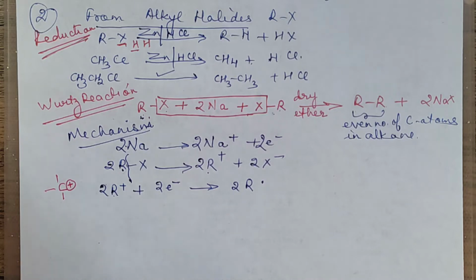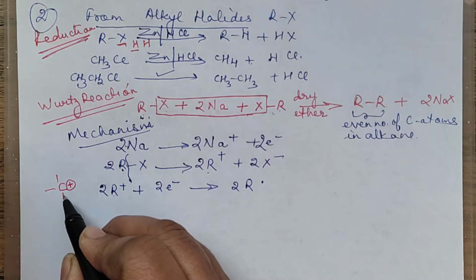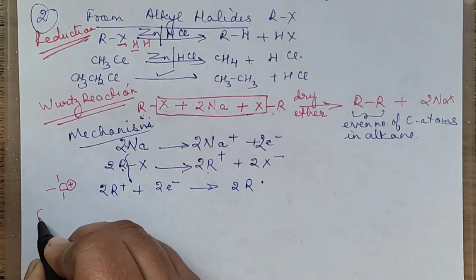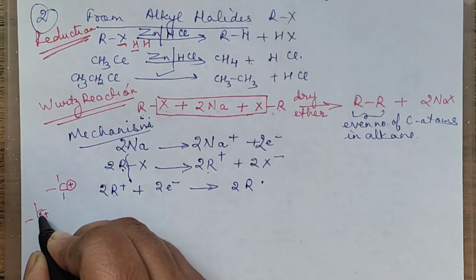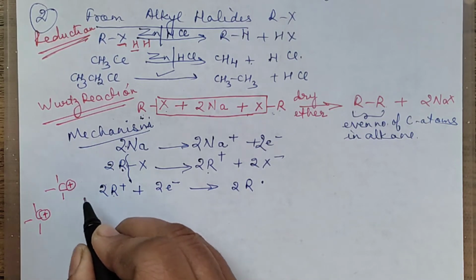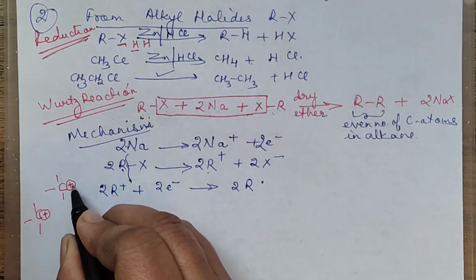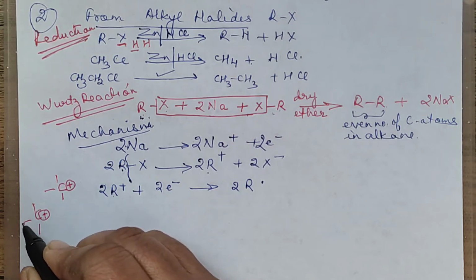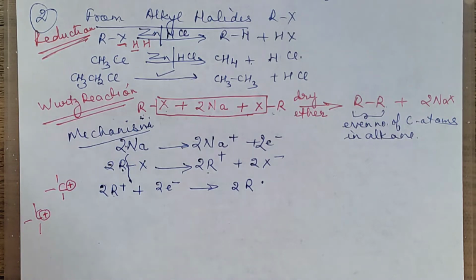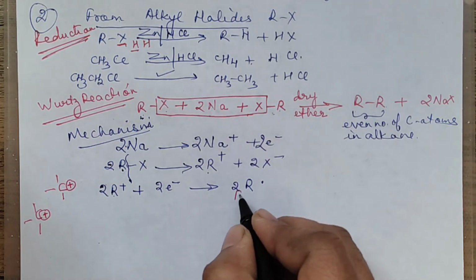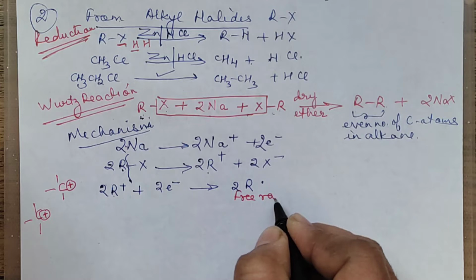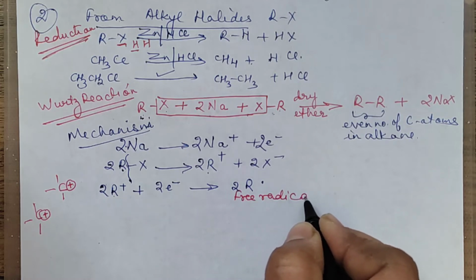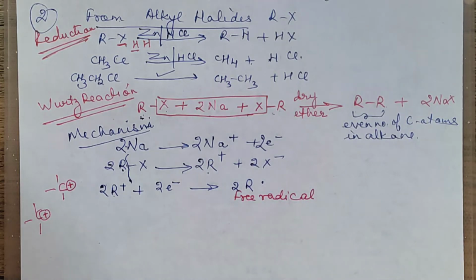Did you understand this point? There are 2 such carbon atoms. This carbon is getting 1 electron, and this is also getting 1 electron. That means it now has 6 plus 1, that is 7 electrons. So it has now formed a free radical, that is R dot.